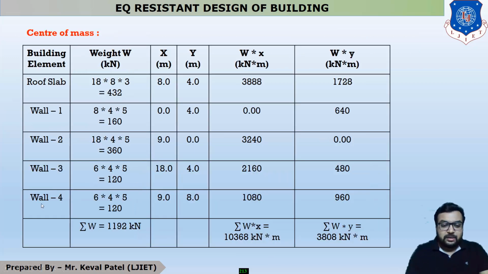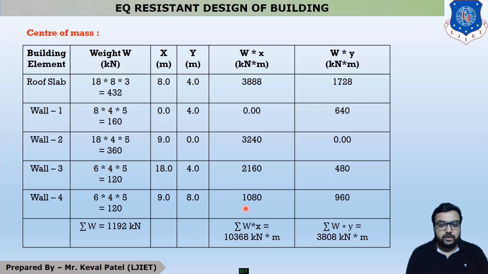Now, our last wall is wall number 4, having the length of 6 meter. So, our 6 into 4 is its area, and into 5. So, our wall number 4 has weight of 120 kilonewton, and our wall 4 is at 9 meter, the same, 6 plus 3 is equal to 9 in x direction, and 8 meter in y direction.